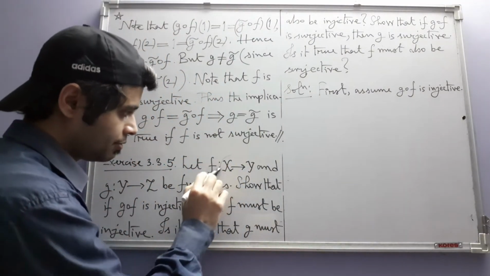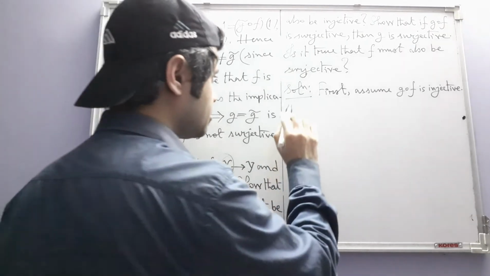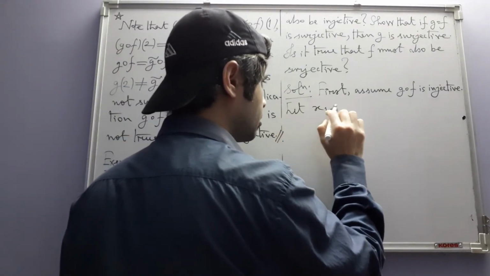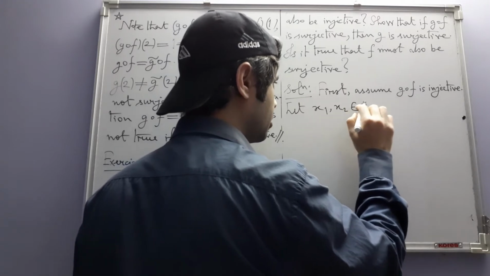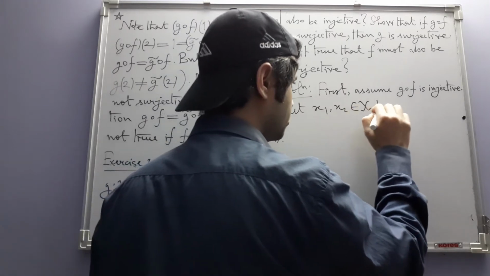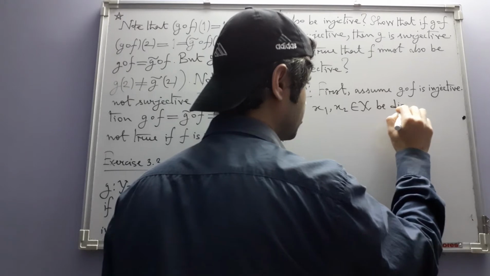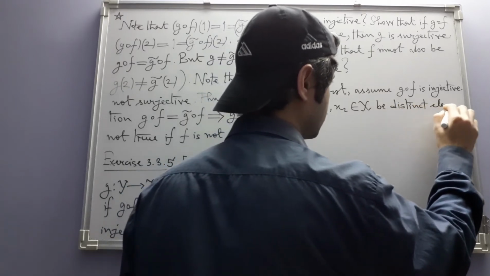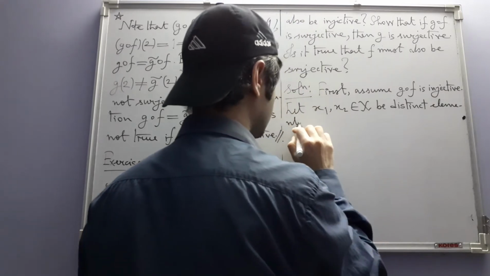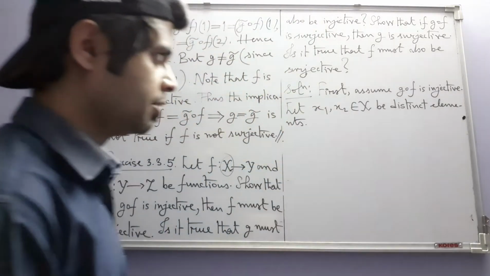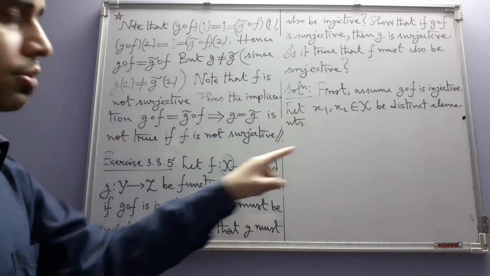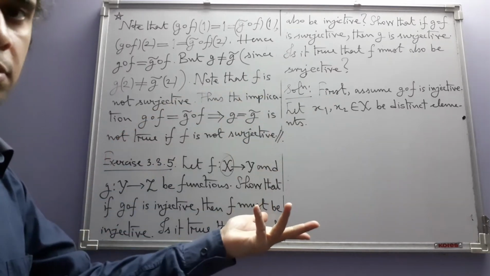The domain of f is x. So let x1, x2 belonging to x be distinct elements.